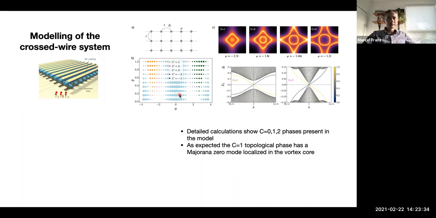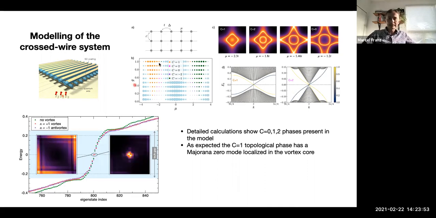There are also topologically trivial regions and regions with some higher Chern numbers like +2 and -2. And then there are the requisite edge modes. But the interesting phases are the Chern number 1 phases. We tested that indeed, if one puts a system into, say, a Chern number 1 phase and models a vortex in the middle of such a system, then there is a Majorana zero mode associated with that vortex, as well as the companion zero mode at the outer edge of the system.